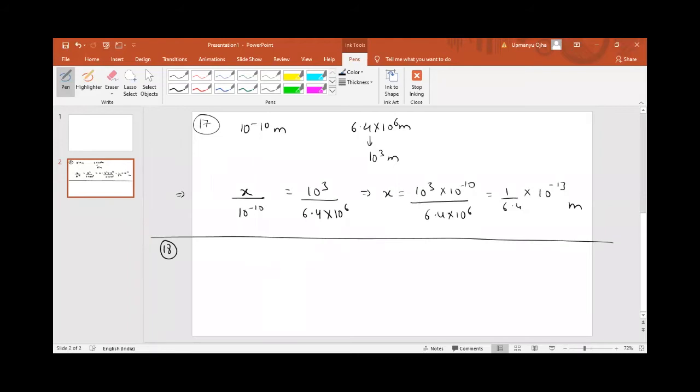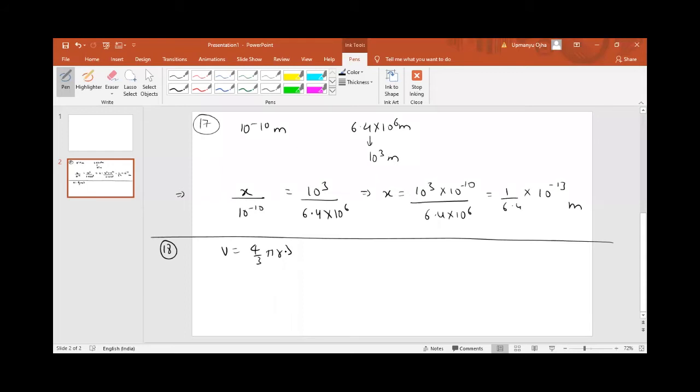Yes, it is a physics class. Okay, the average radius of the nucleus of an atom is 5 femtometer. What is the volume in meter cube? Femtometer means how much? The volume of the nucleus will be equal to 4 by 3 pi r cube.